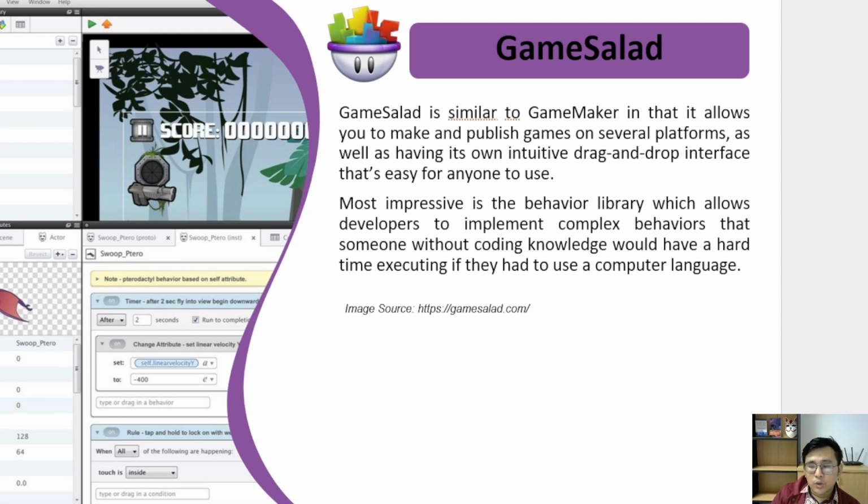It also has an impressive behavior library, which allows developers to implement complex behavior that someone without knowledge would have a hard time executing in order to make their games.